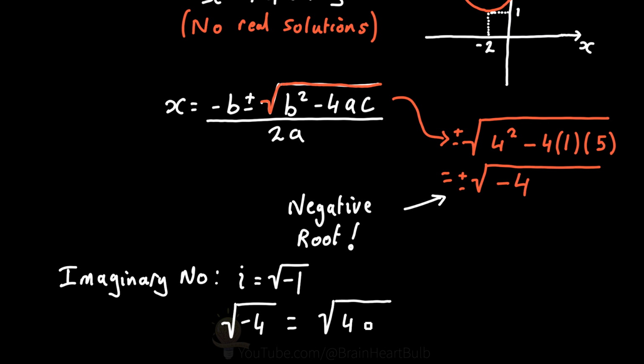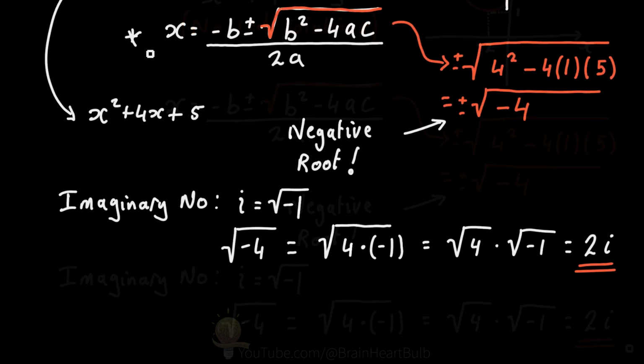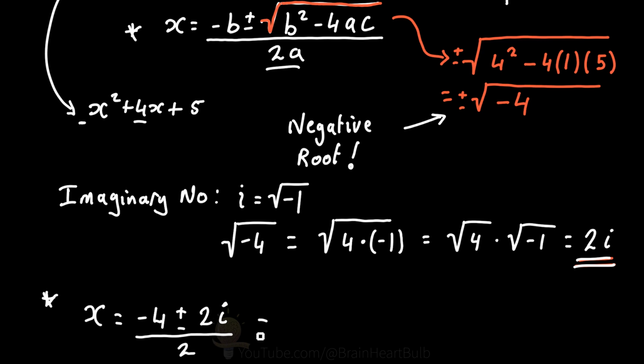We can see here that the root of negative 4 is simply 2 multiplied by the imaginary number i. So now we can use the quadratic formula to give us a solution to our polynomial equation here. And we end up with two complex solutions. So x is equal to minus 2 plus i, or x is equal to minus 2 minus i.